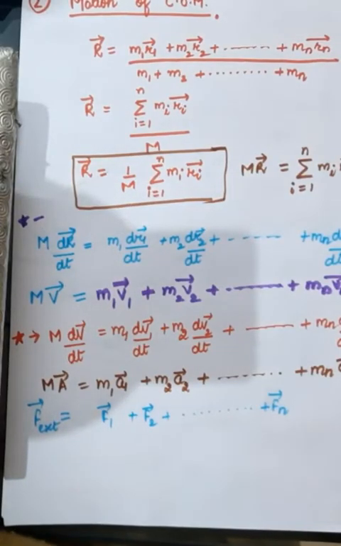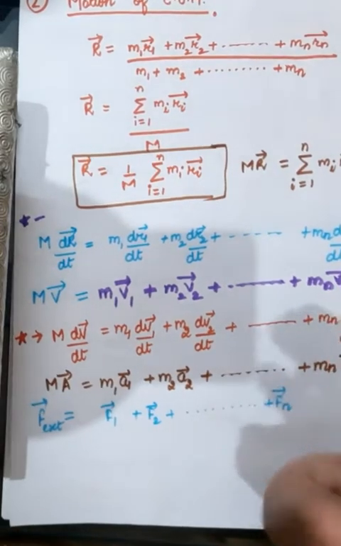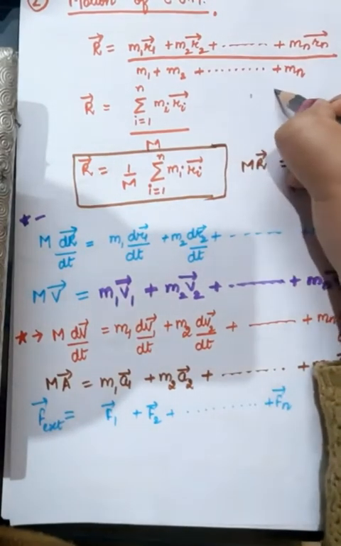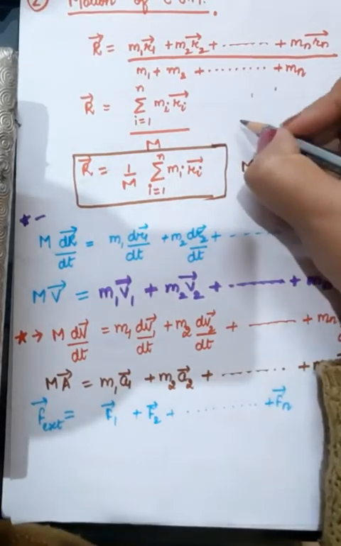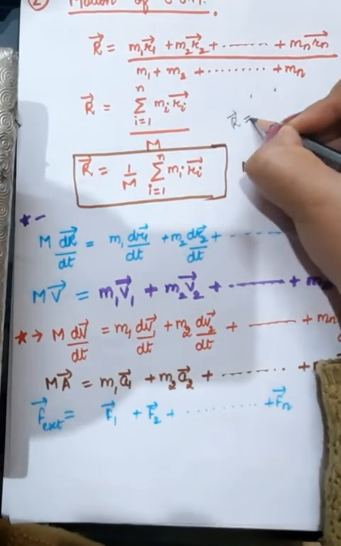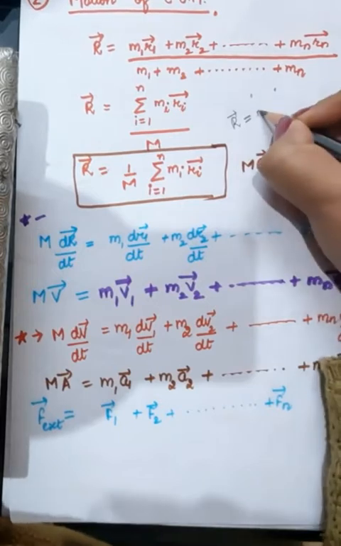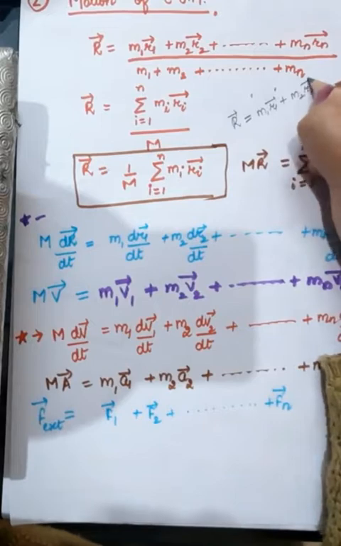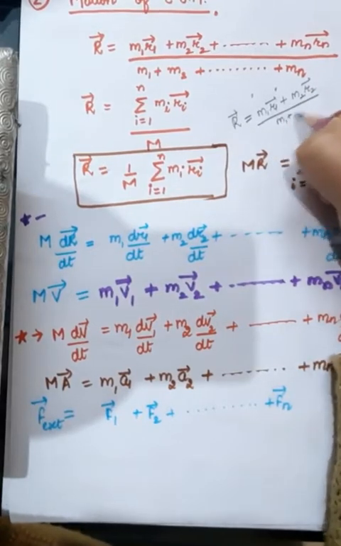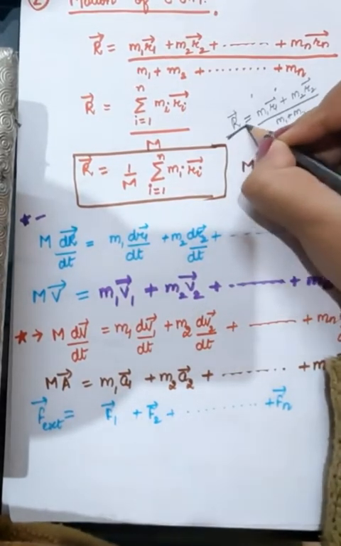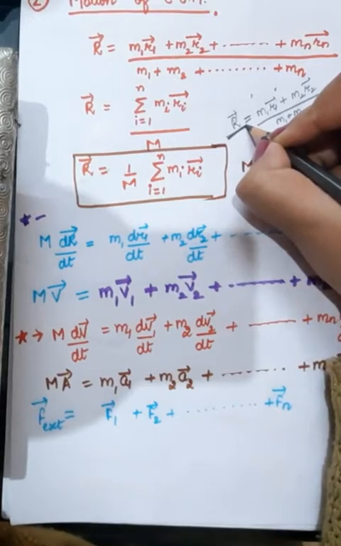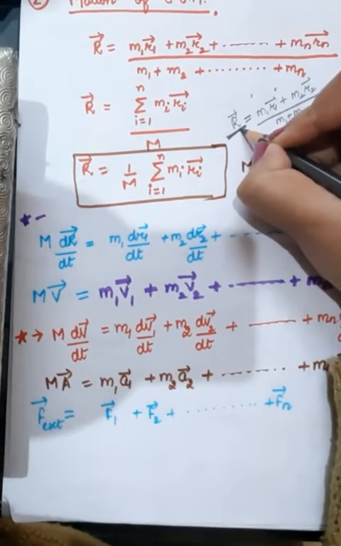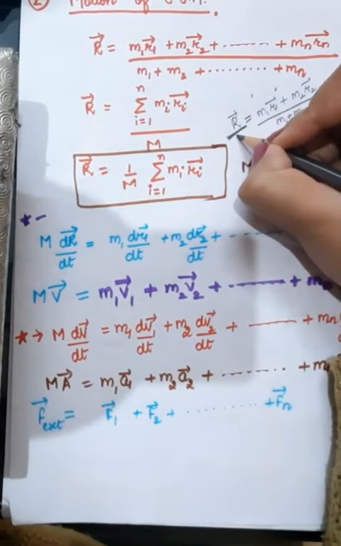Now we need to understand the motion of center of mass. We know that if we have a two particle system, then the position vector of center of mass comes out as m1 r1 vector plus m2 r2 vector divided by m1 plus m2, where R vector is the vectorial distance of center of mass from the origin.